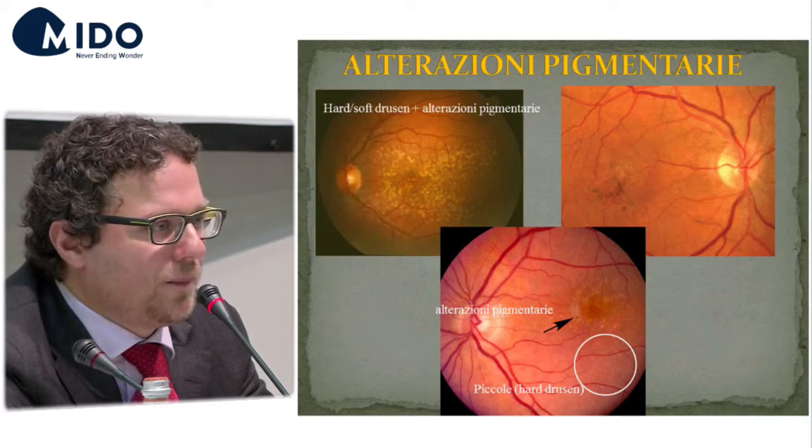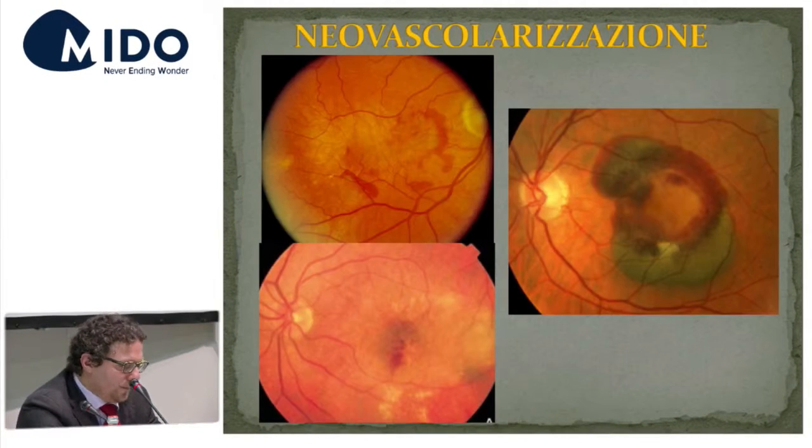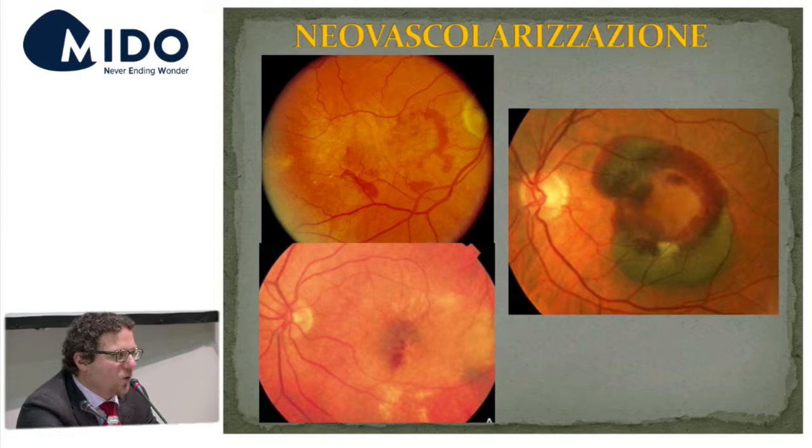And in black, you see areas that need to be followed up in the course of time in a darker color, because they may progress toward a neovascular condition, which is like this: formation of a vessel in the central part of the retina, which is non-vascular by definition, and it leads to conditions that you see in the picture, sudden decrease in vision, and it's irreversible despite therapy.